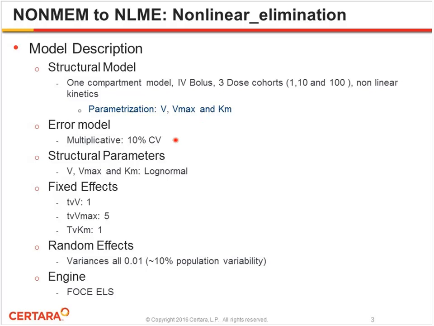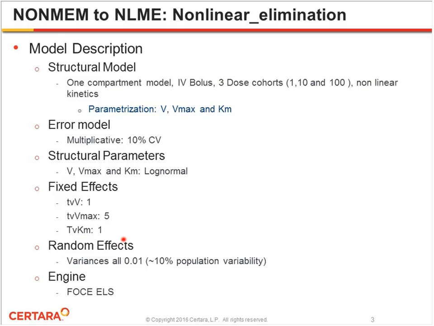We will apply a multiplicative residual error model with 10% CV, and we assume that all the structural parameters are log normally distributed. For the initial estimates of the fixed effects, we are setting the typical value for volume and Km to 1 and for Vmax to 5.